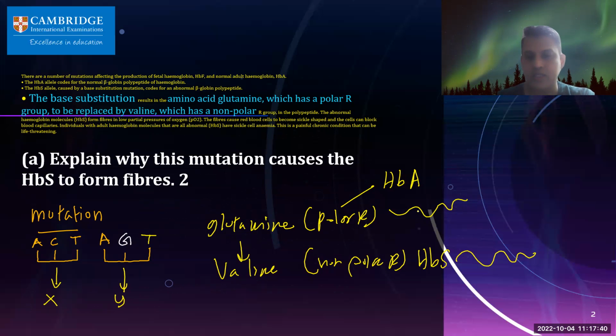The primary structure is the sequence of amino acids, so the sequence of amino acids should be in the right order. In normal hemoglobin, glutamine is very important in this chain, and it is the right amino acid. But glutamine is replaced here by valine, so it has a wrong amino acid.